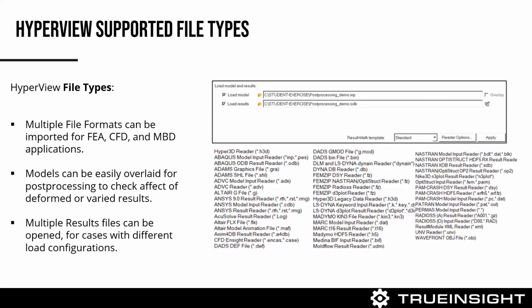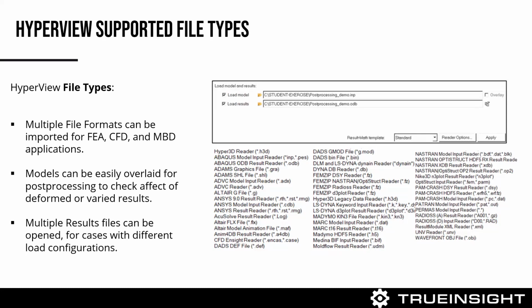You can see ANSYS, Abaqus, Nastran, et cetera, we can bring those in. But we're not limited to just FEA, so not just structural analysis, we can also bring in CFD. That's something that can sometimes be tricky to post-process depending on the tools you're utilizing. We can bring those in accordingly. And then also MBD, so that would be rigid body dynamic applications.